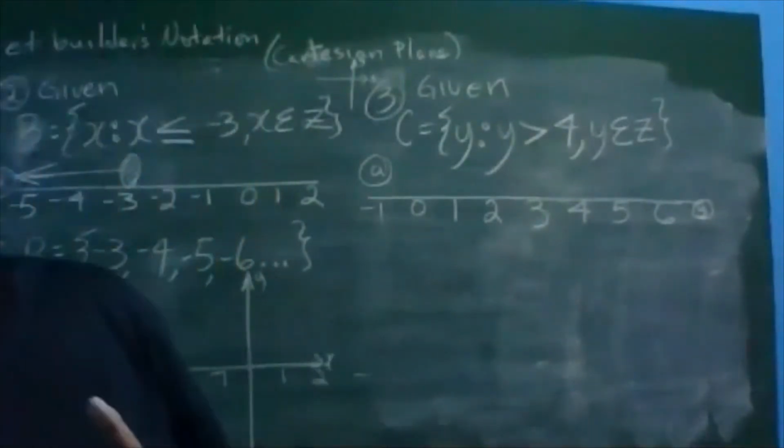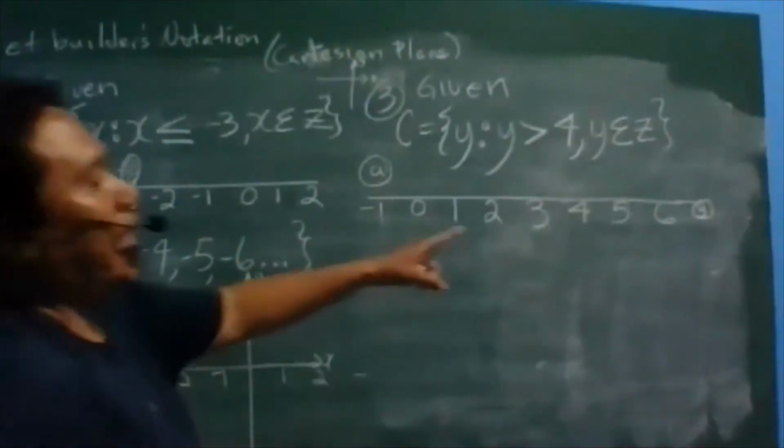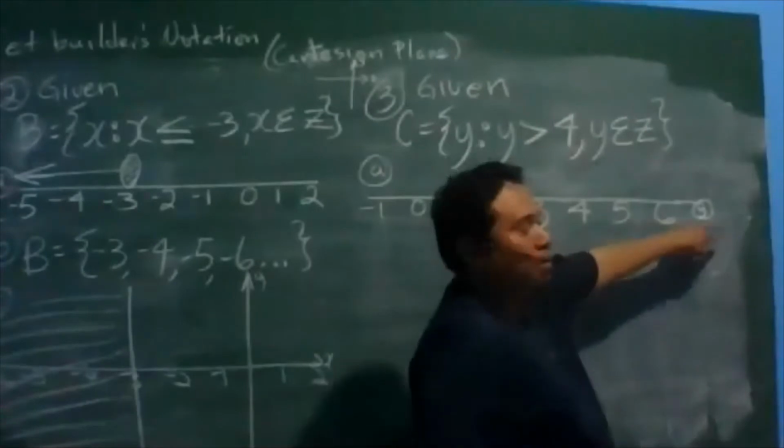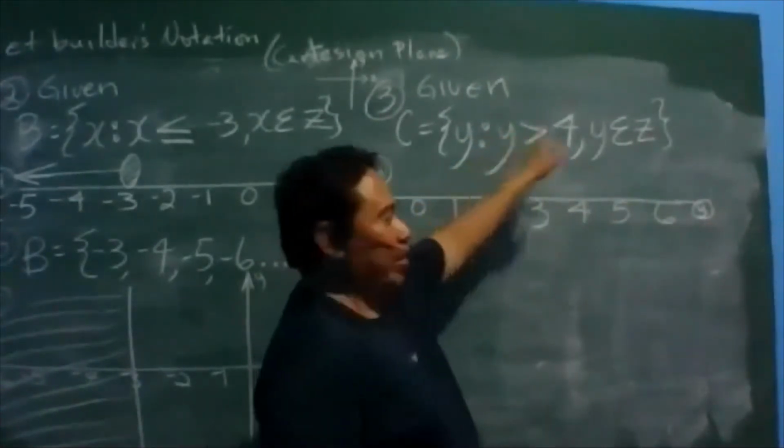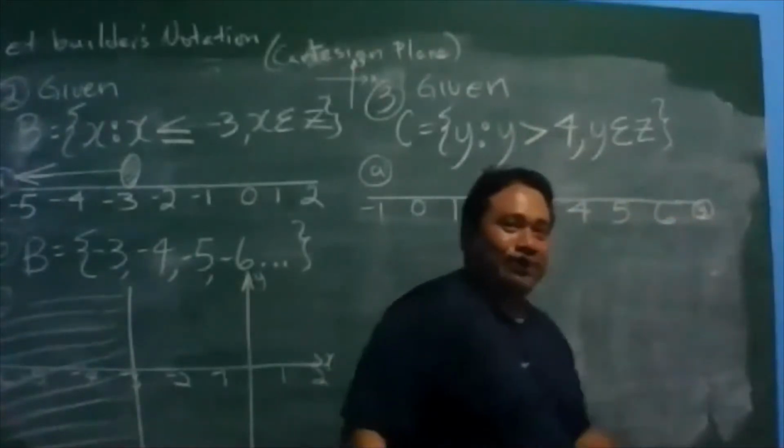Anytime the variable is not x, you must have that variable in a circle out there. So if this were z, then there would be a z out there.